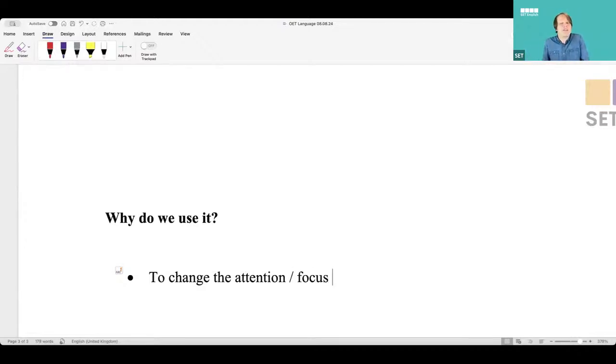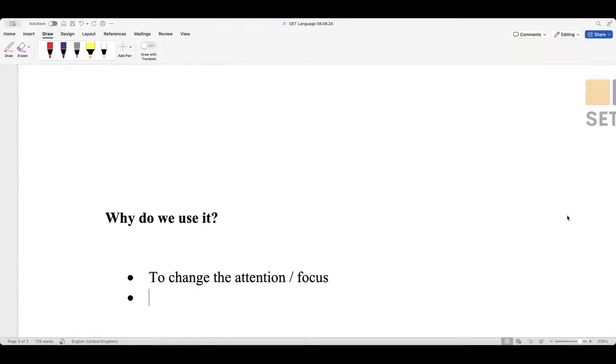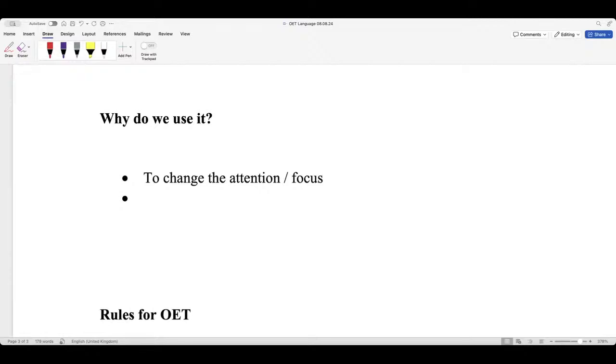Is there any other reason why we might use passive? I think when the subject is obvious. Okay, so I'll put this in. Omi, can you say hello as well? Because we are using passive because we need to focus on the patient, not our action.